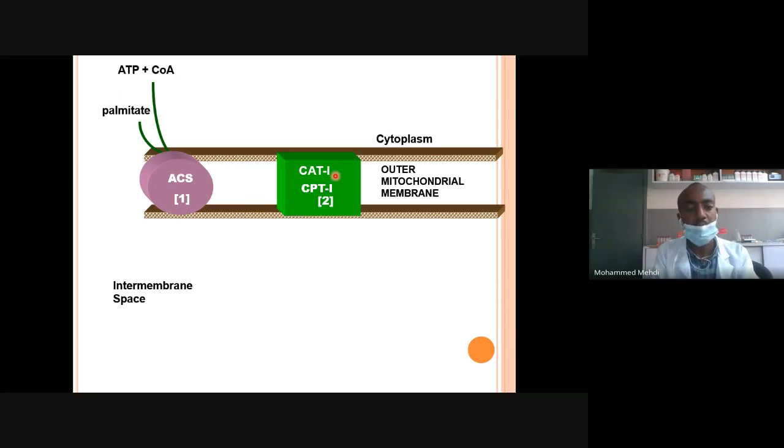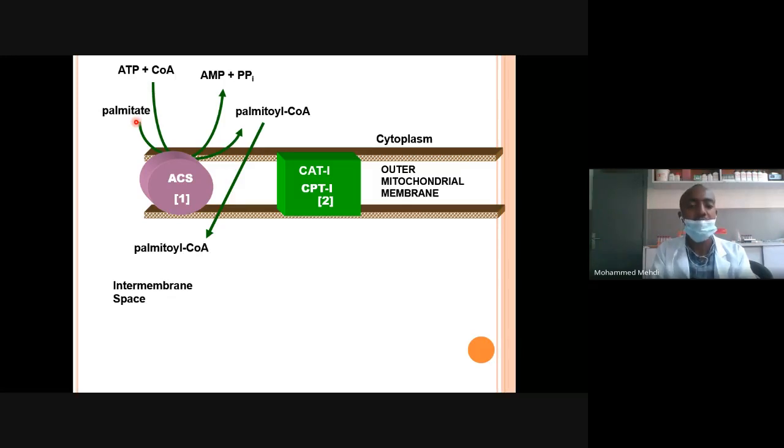Now let's take one fatty acid, palmitate, which is a 16 carbon fatty acid. Now this will be activated into palmitoyl CoA by the acyl CoA synthetase enzyme. It consumes 1 ATP, which is hydrolyzed to AMP. Don't forget, for one fatty acid activation, we consume two ATP equivalents.